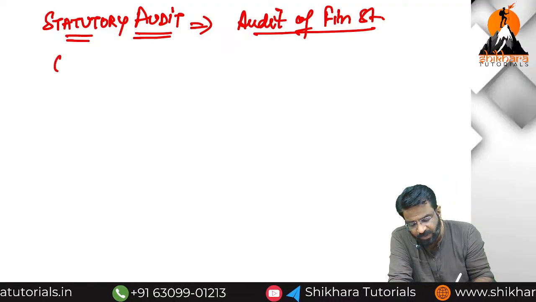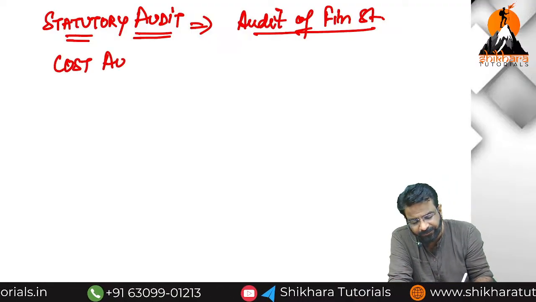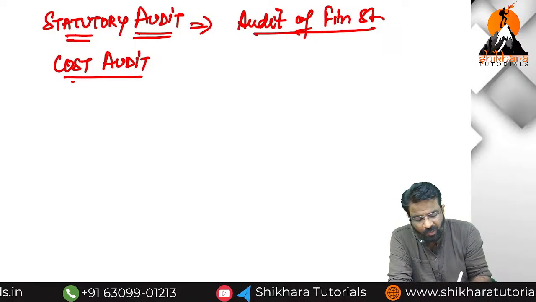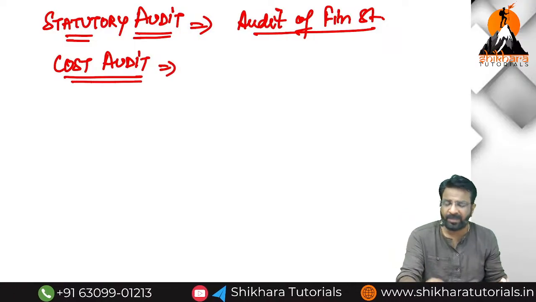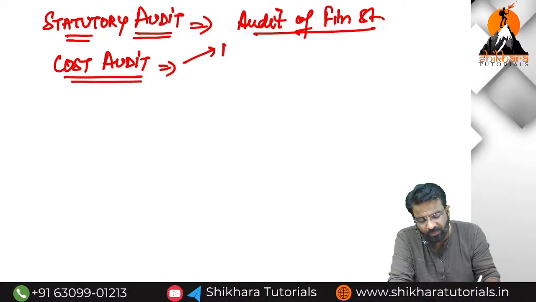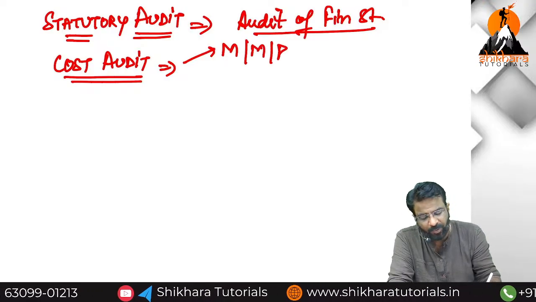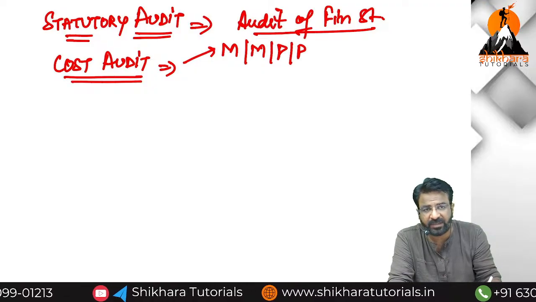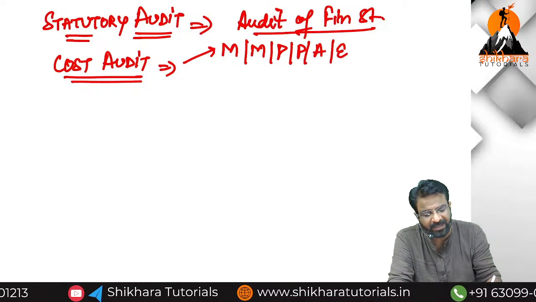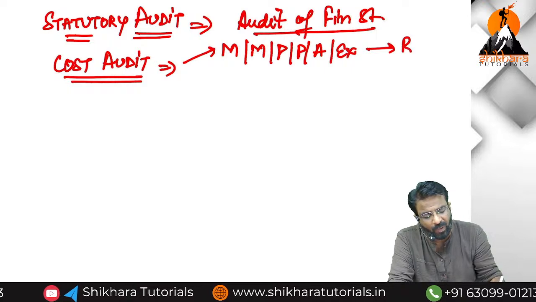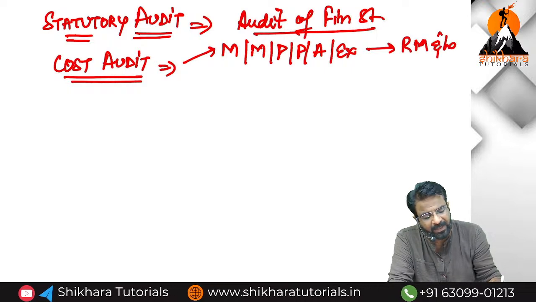In the same way, sir, what do you mean by cost audit? What happens in cost audit? Take a company involved in manufacturing, mining, production, processing, assembling and extraction activity, where raw material and labor are used.